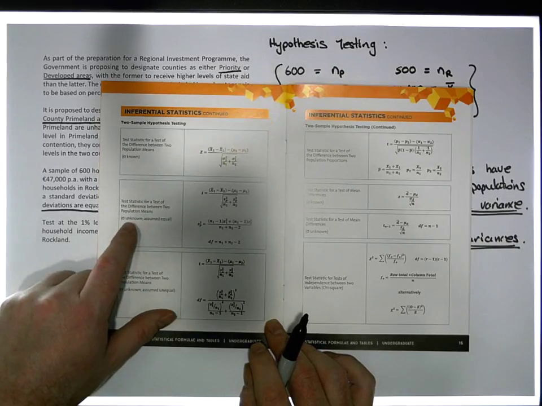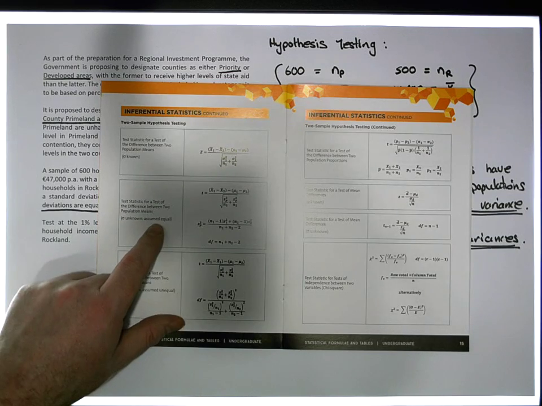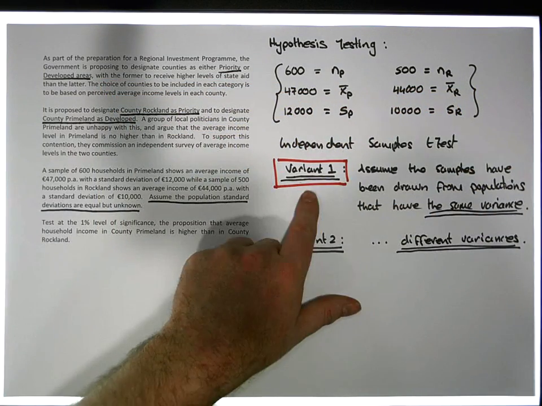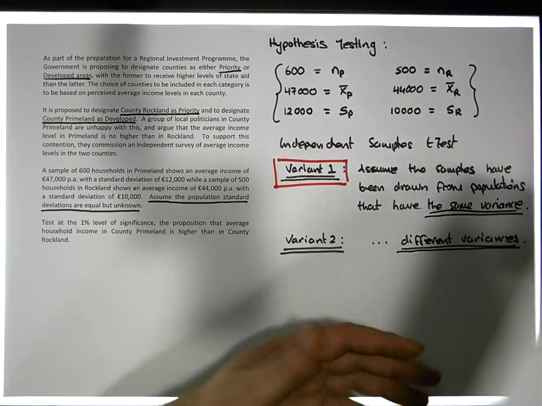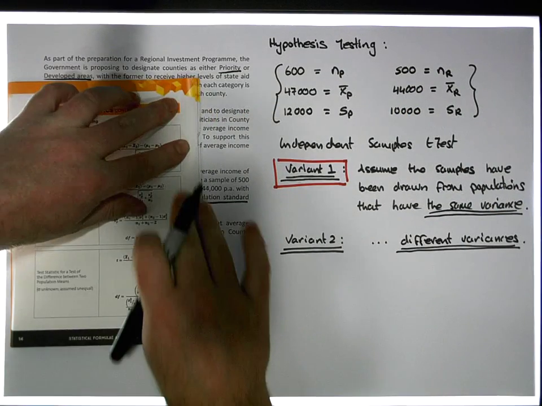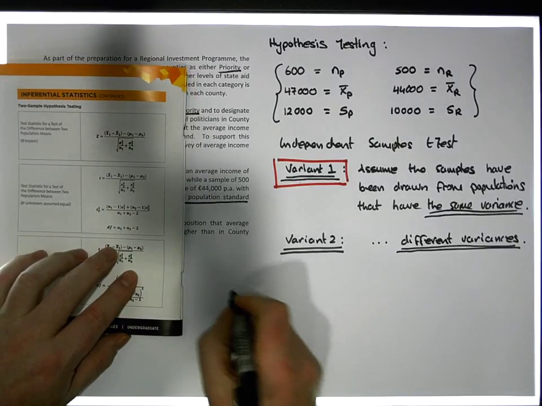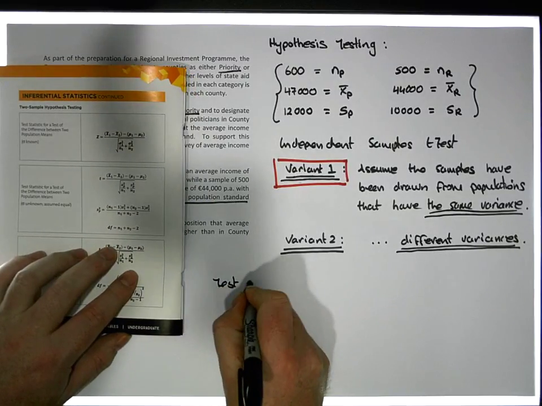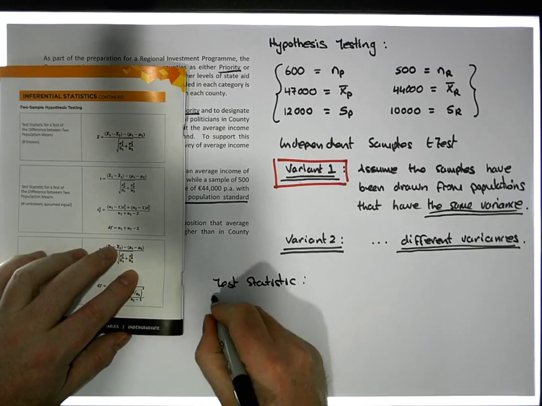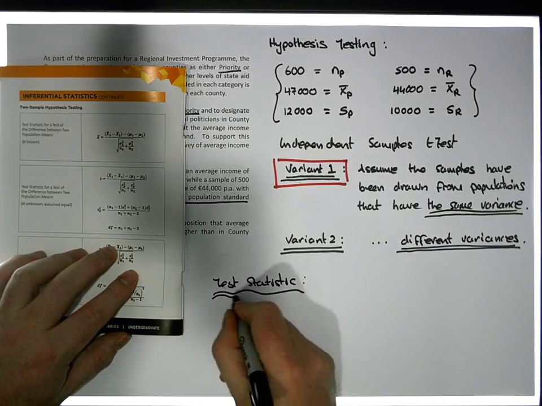In other words, the standard deviation is unknown, but they're assumed to be equal. So we're assuming that the variances are the same, or the standard deviations are the same. In which case, our test statistic looks something like this.